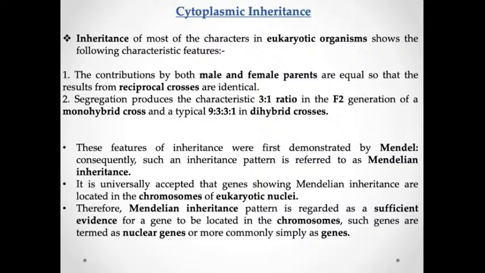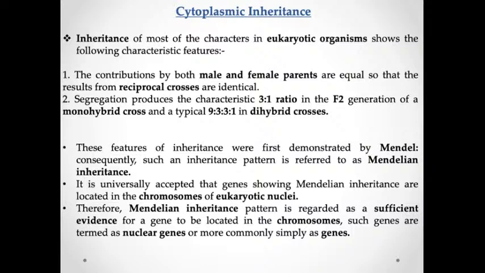These features of inheritance were first demonstrated by Mendel, as we discussed in previous lectures, and this inheritance pattern is called Mendelian inheritance. It has been universally accepted that this inheritance happens because of the chromosomes present in the eukaryotic nuclei, and there is sufficient evidence that these chromosomes play that role.